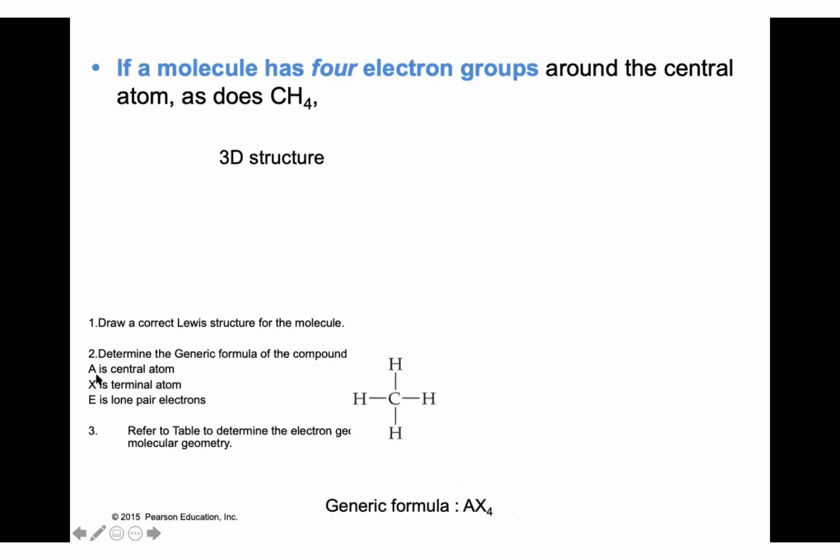And we said that we name the central atom A, and the central atom is always first. We have four terminal atoms, which would be four X's, right? X4. Do I have any lone pair around the central atom? No, right? So the generic formula will be AX4.